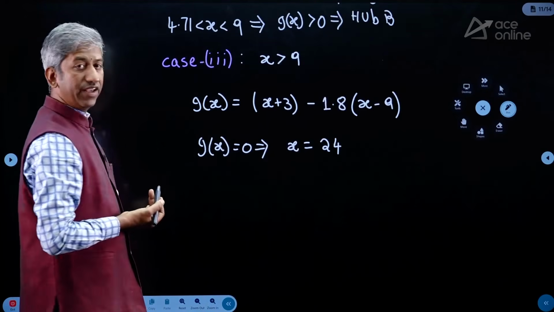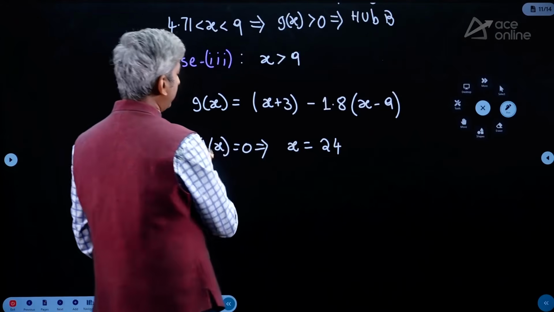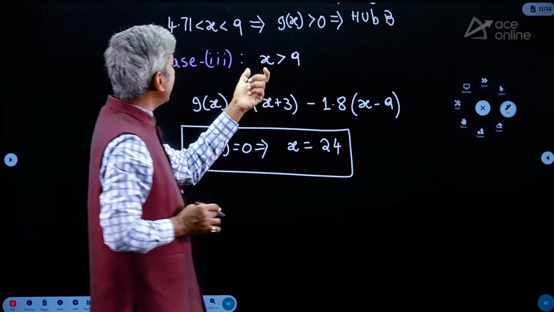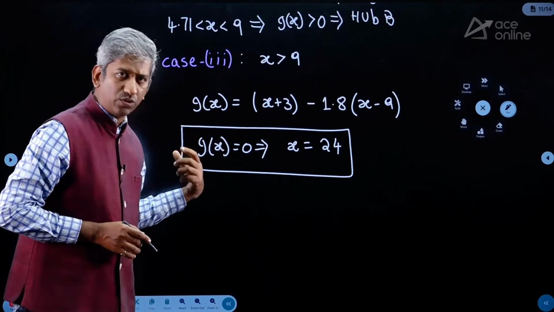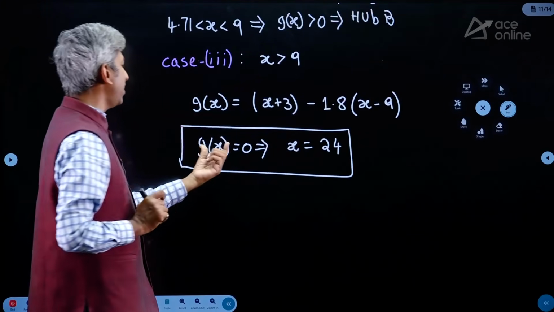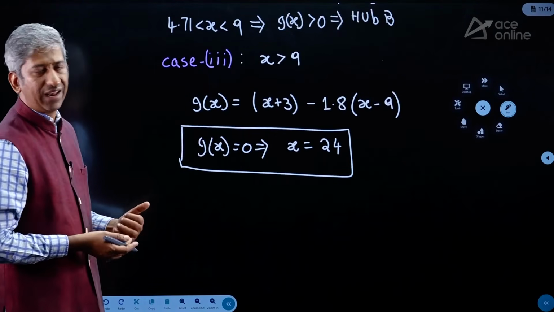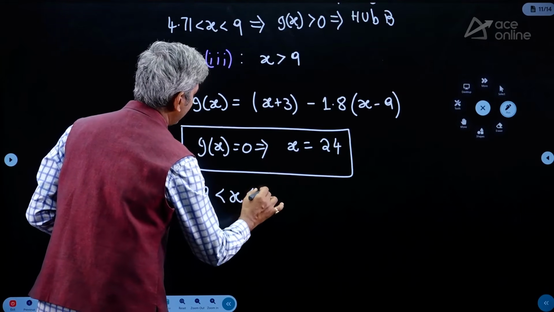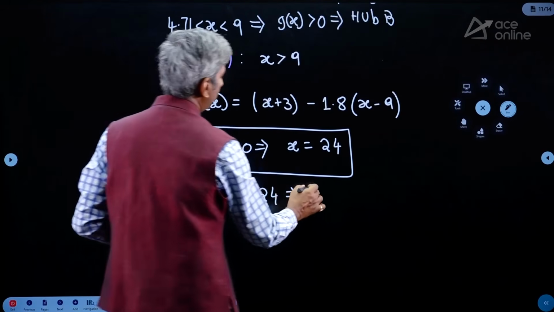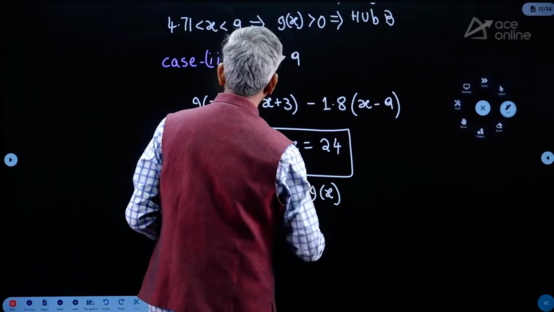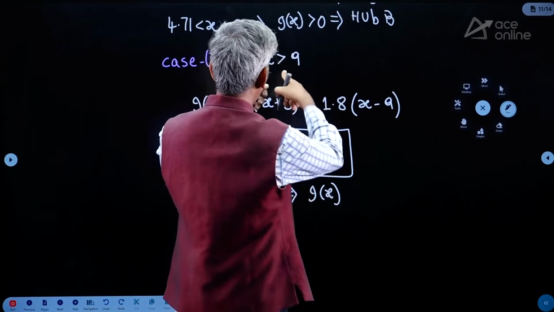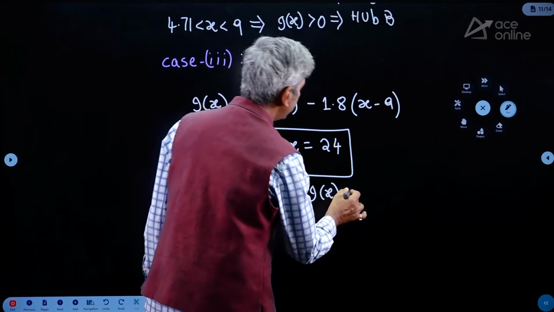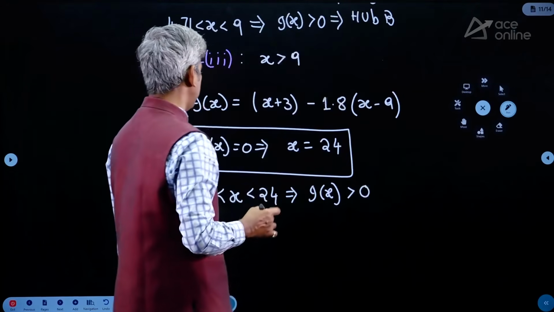Now, according to this, if x equal to 24 gives g of x equal to 0, and here x greater than 9 are the possible values of x, then in the range of 9 to 24, g of x would be greater than 0.